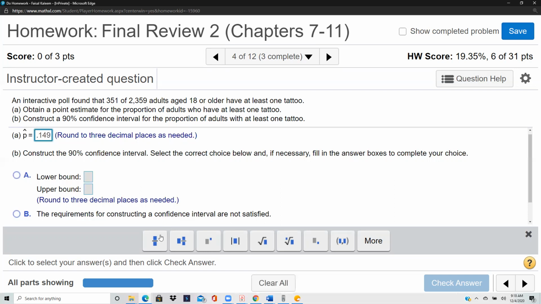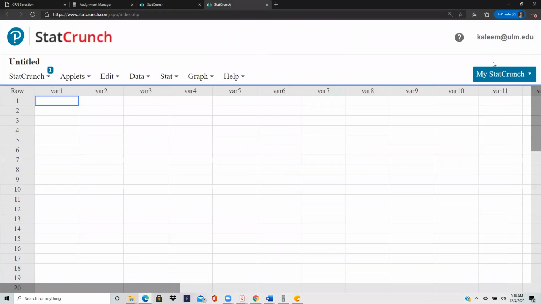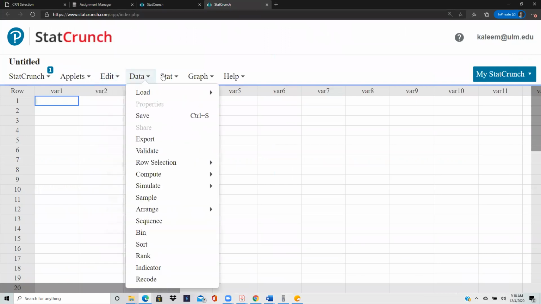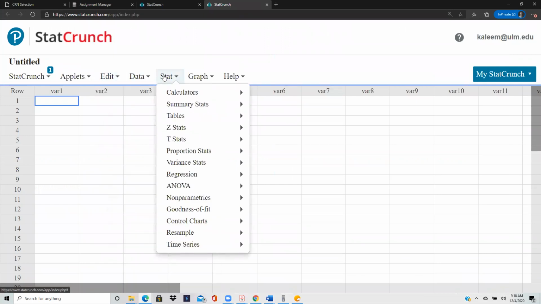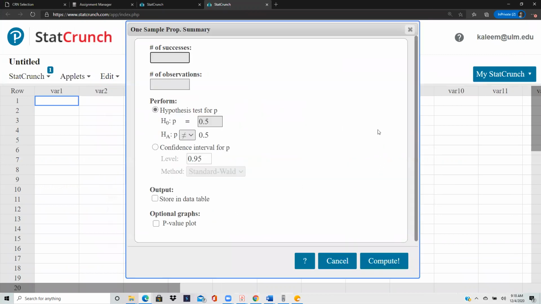So it's one sample summary. So what was it? 351 out of 2 something.